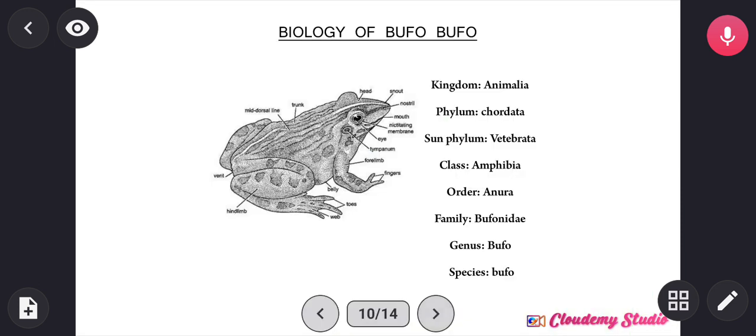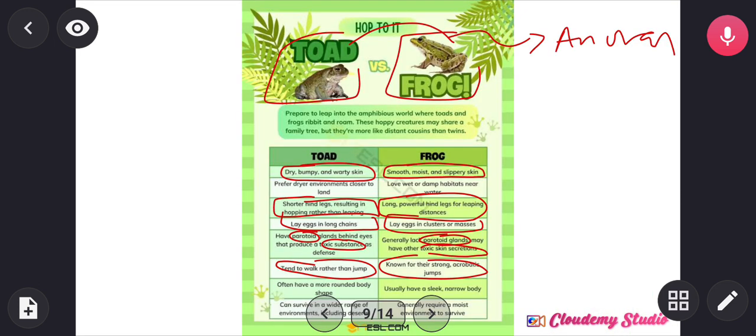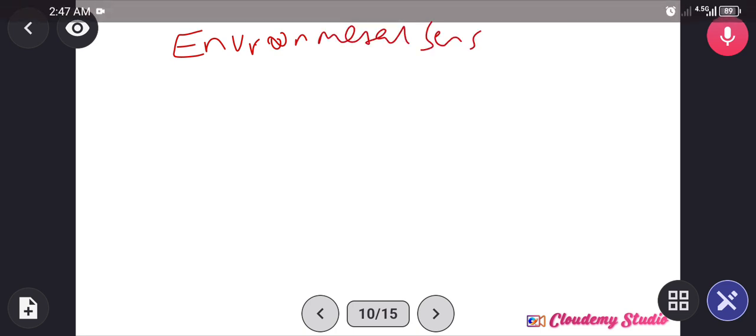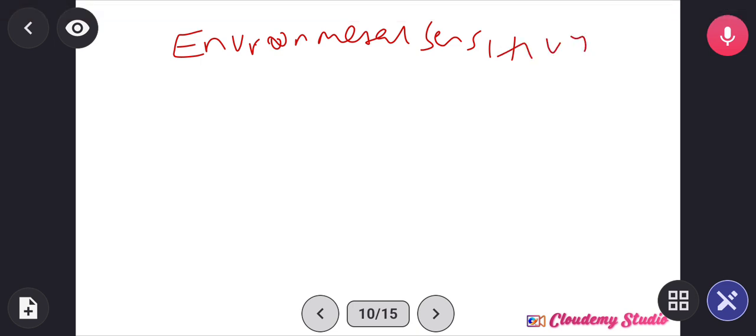Now let us move to environmental sensitivity and modern threats to amphibians. In this section, we'll talk about environmental sensitivity and modern threats.